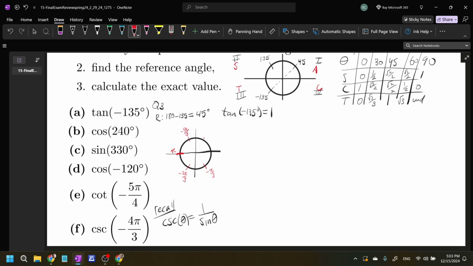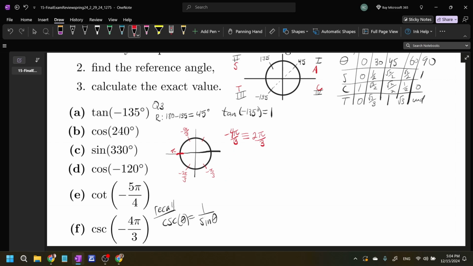If this doesn't stick well, we can always just add 2 pi to this to get our real angle, which is going to be 2 pi over 3. So negative 4 pi over 3 is coterminal with 2 pi over 3.